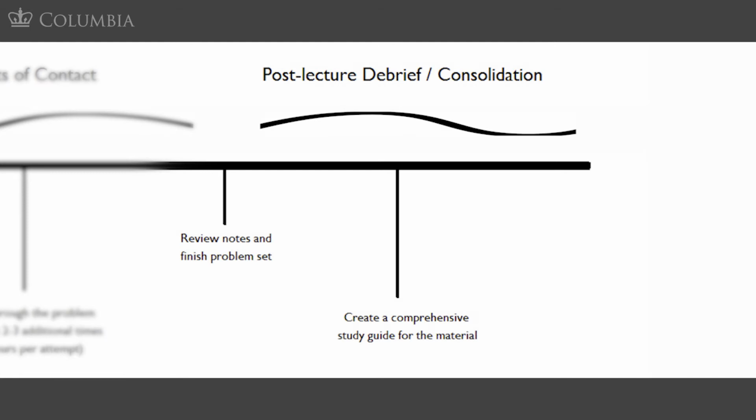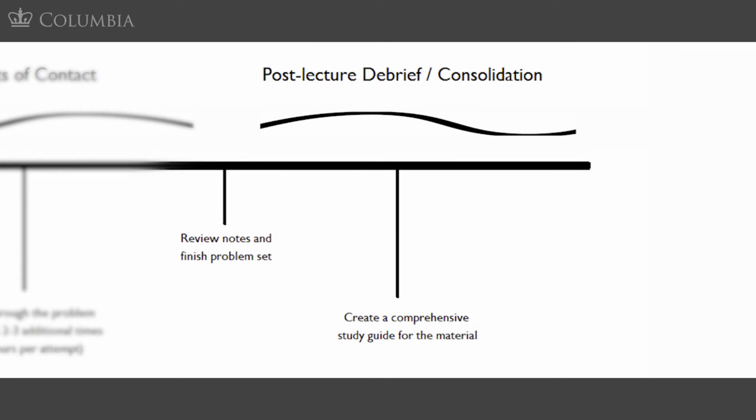And finally, we have what we call the post-lecture consolidation phase. Essentially, this is where you review your material and you turn something you're vaguely familiar with into something you understand deeply. You take the information from lecture and you make it part of your working knowledge. During this phase, you review your notes.